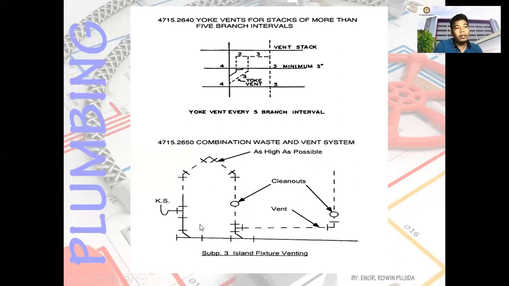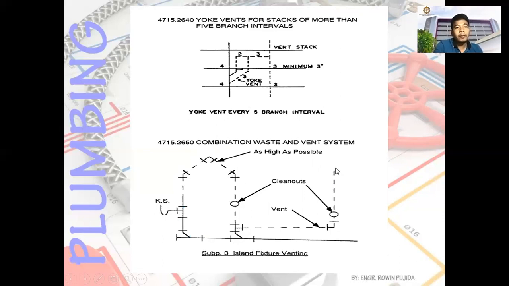Okay, so for example, this one, the wastewater from the kitchen passes through the horizontal pipe, and maybe you have another lavatory or kitchen sink here.